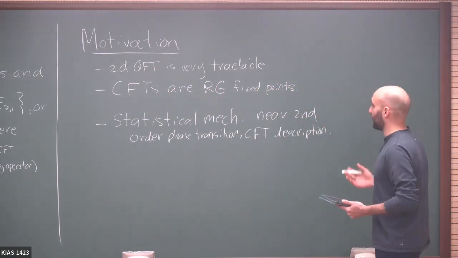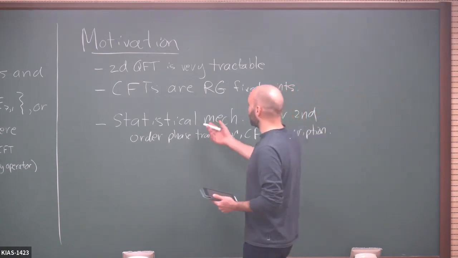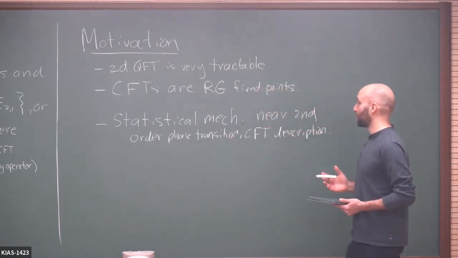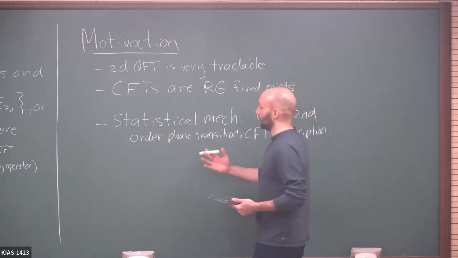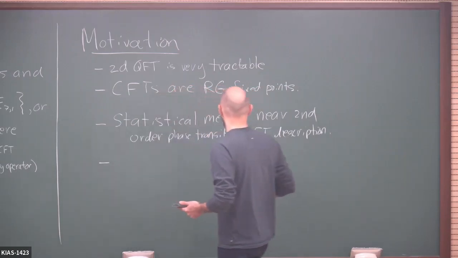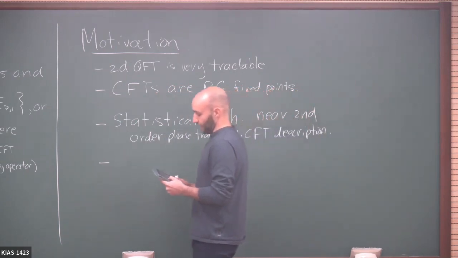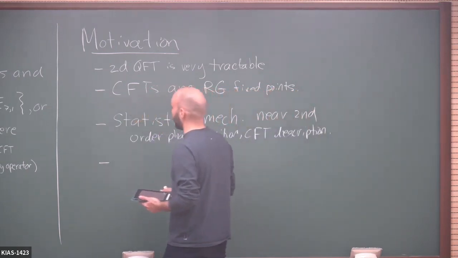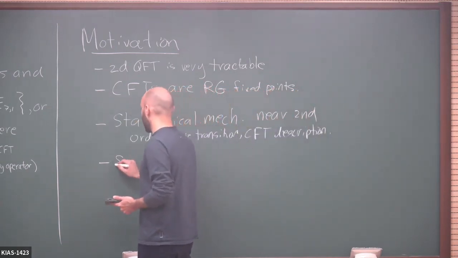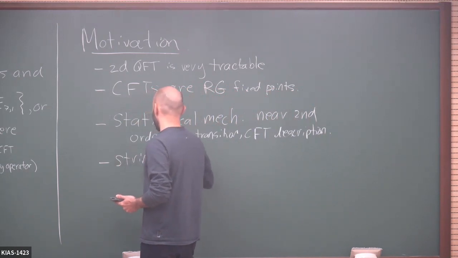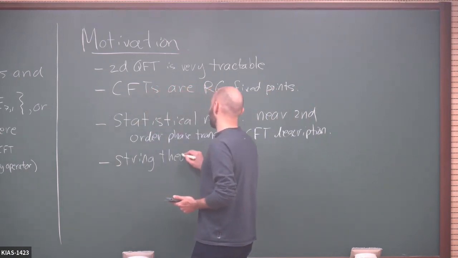In particular, the microscopic details of the system are washed out, and what's left is only long wavelength physics, which is accurately captured by a CFT, where, again, a lot of observables are exactly calculable. So that was motivation for condensed matter physicists.